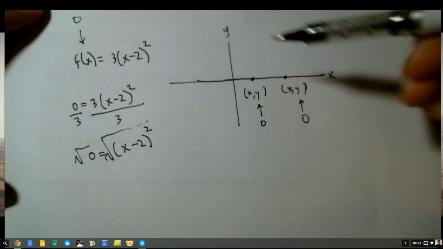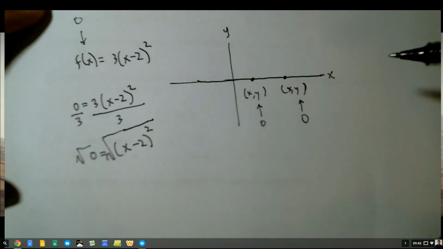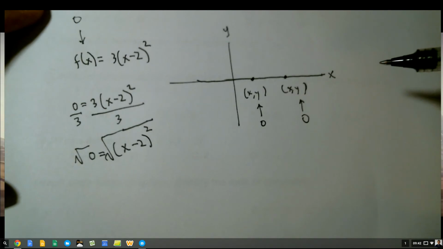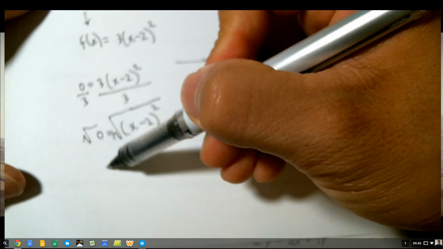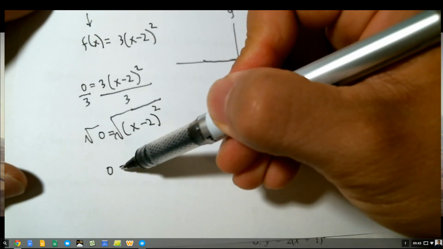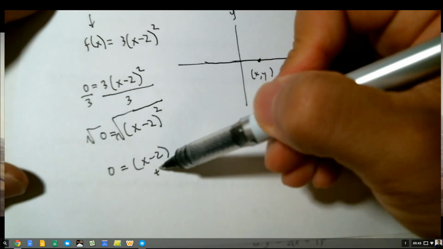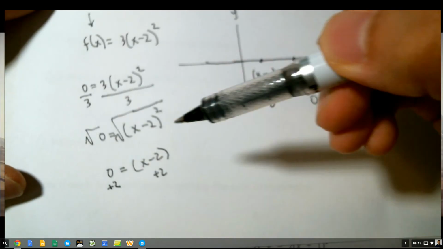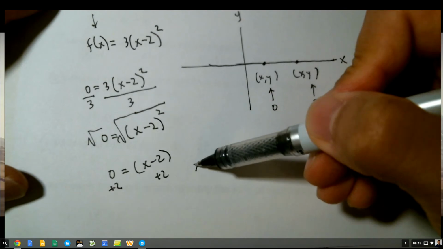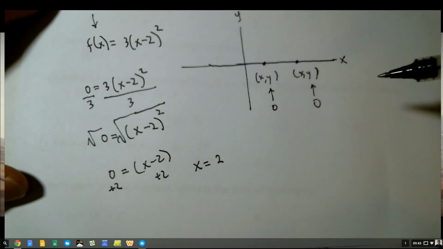Well, let's square root both sides. And if we square root both sides, we get 0 still, is equal to x minus 2. And then you can add 2 on both sides, and we get x is equal to 2.